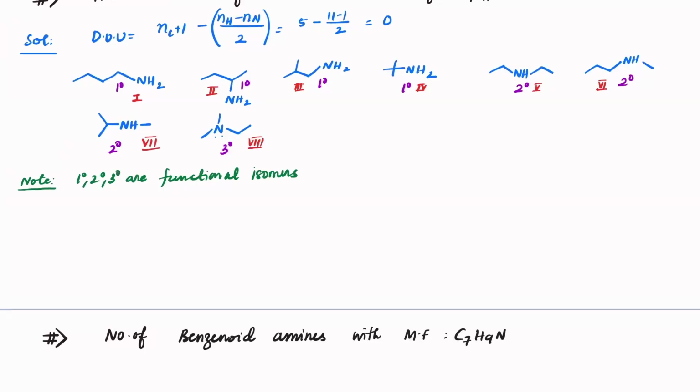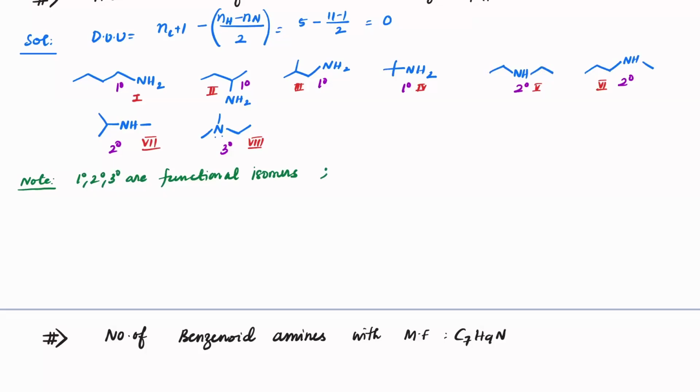Now, the second point we need to note here is, if you notice the fifth structure and sixth structure, they are both 2 degree, but they differ only by the chain length, as well as the number of methyl groups on the left hand side and right hand side.